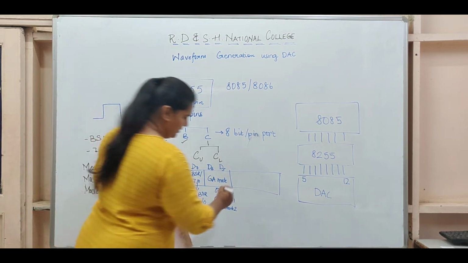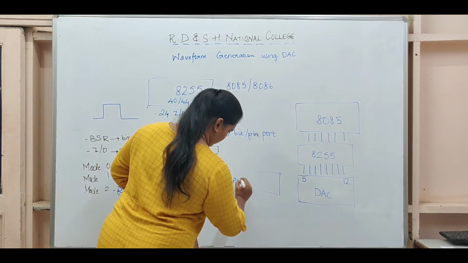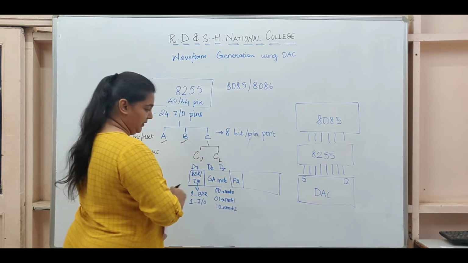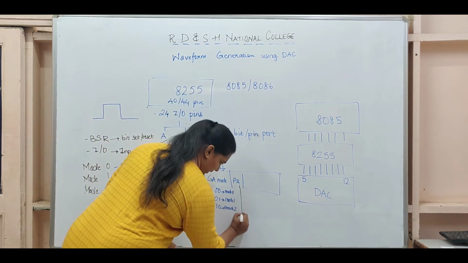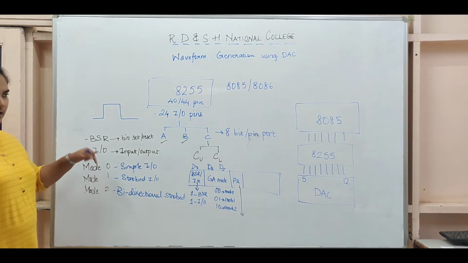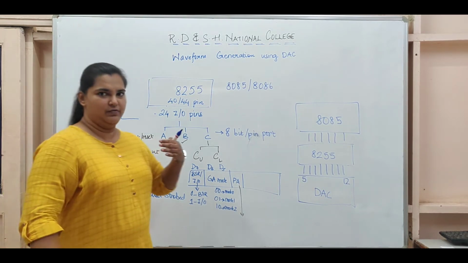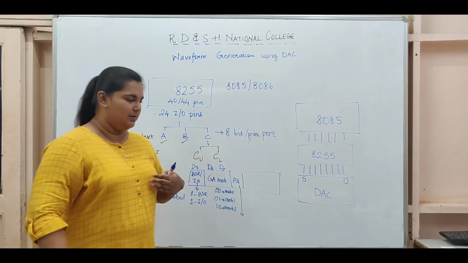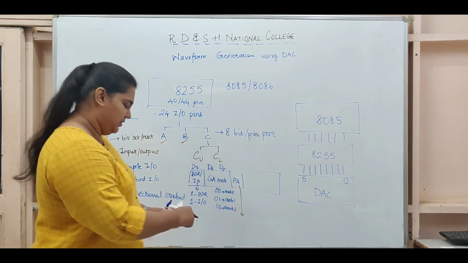The next is PA. This defines whether my port will work as input or output. Even if you are in IO mode, will the 8085 give output or take input for port A is defined here.